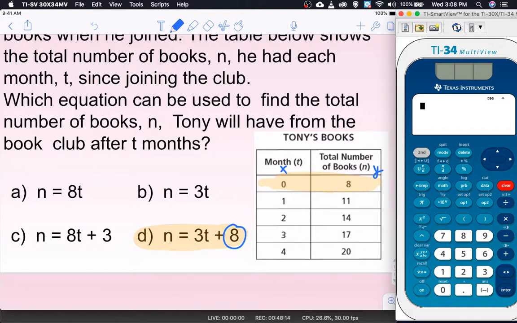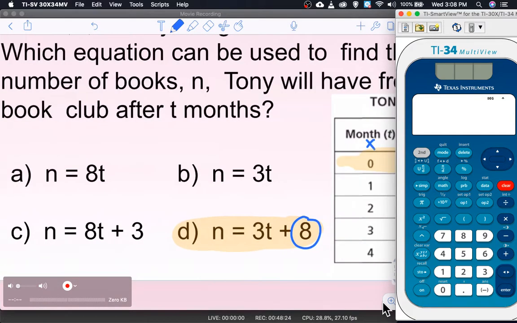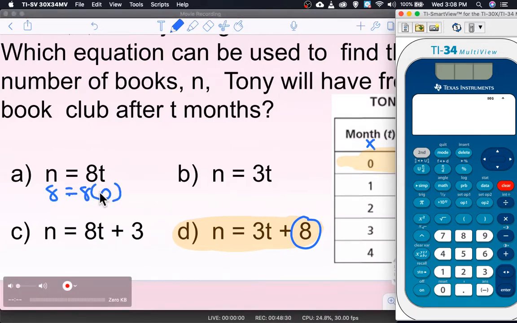Going beyond that, if I plug in the point 0, 8 into each of these equations, this is the only equation that works. Check this out. If I plug in 0 for t and 8 for n, does that math work out? Does 0 times 8 equal 8?